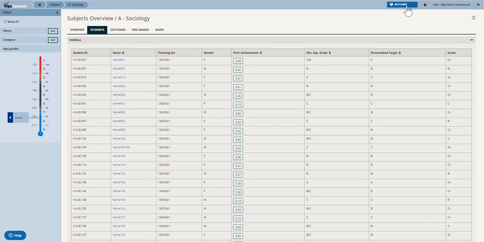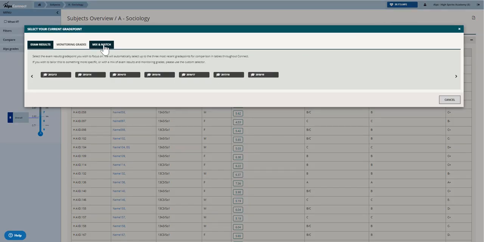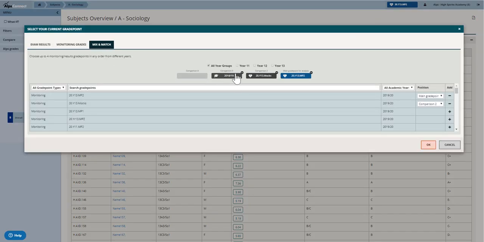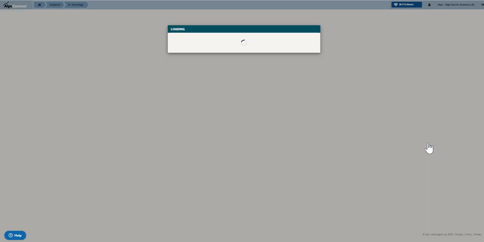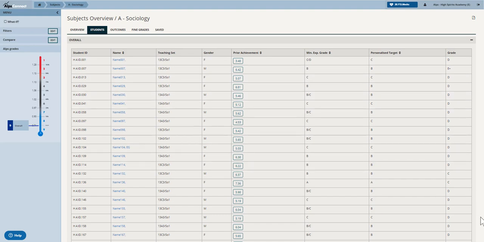So I'm just going to flick to mix and match. I'm just going to take away all of those and leave the mocks. Okay, so that's the mock grades. So if I just sort by prior achievement, bring my top prior attaining young people to the top, then I've got minimum expected grades of sort of A's and B's up here, and yet I can see absolutely no B's.